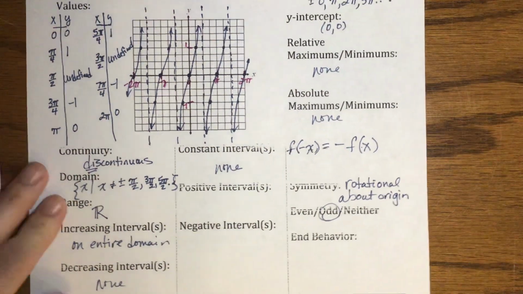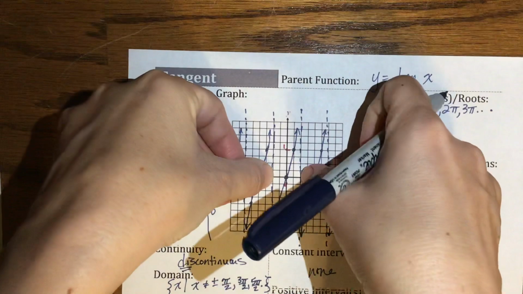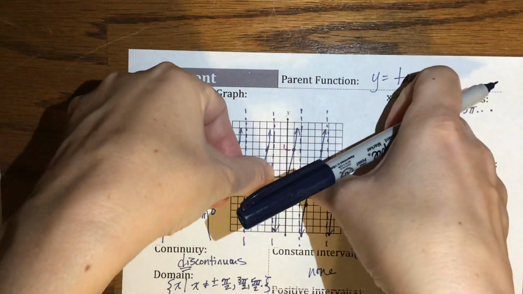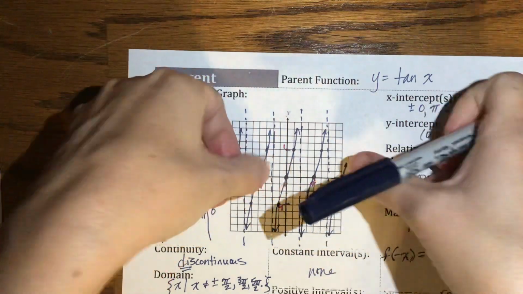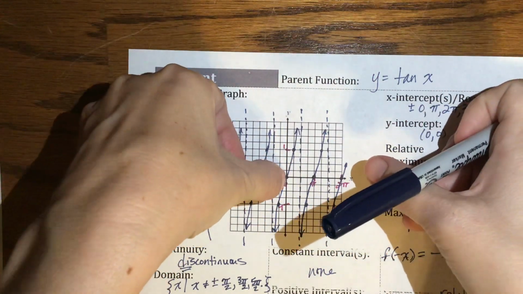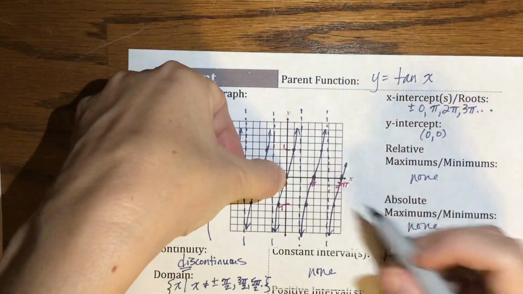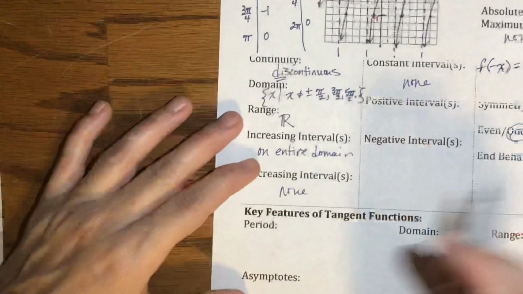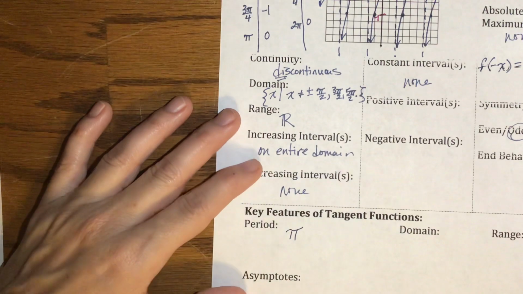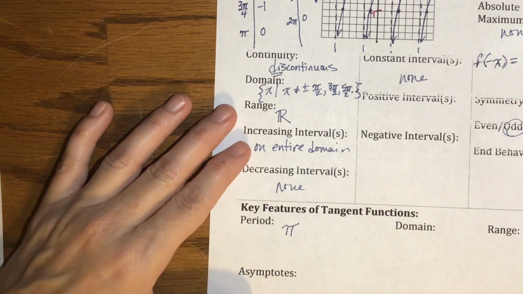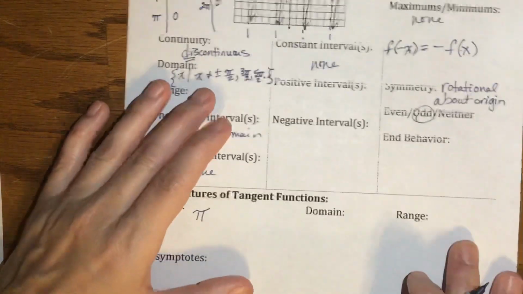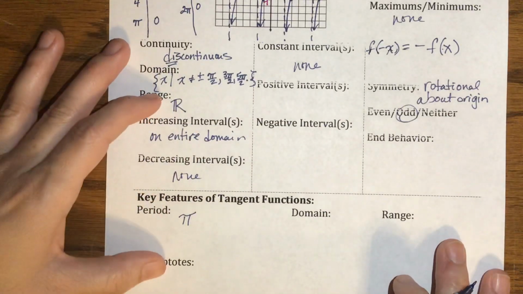All right, so notice this one completes an entire cycle between negative pi over 2 and pi over 2, or you could say between 0 and pi. You see that? We get an entire cycle. So our period here is pi. I just realized this says amplitude.